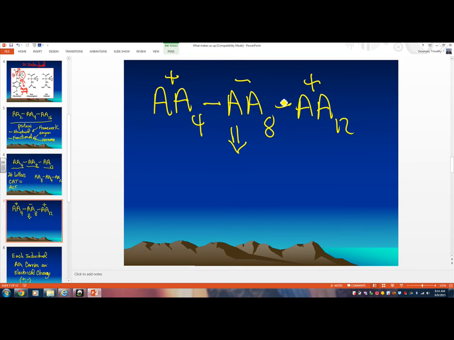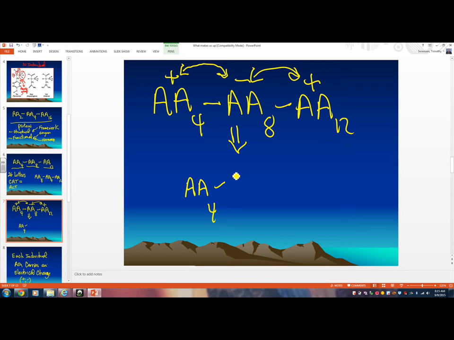once you've strung them together, the charges on each one of those individual amino acids are going to interact. Opposites attract, and like charges repel. So once you strung the individual amino acids together, those charges are going to interact, and I'm making this up, I'm not sure what it would look like.